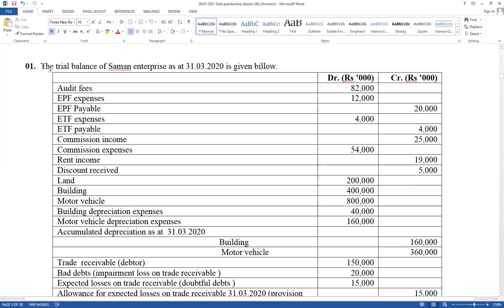Right, first, see the trial balance given here. On the debit side are expenses and assets. Liabilities, income, and equity are on the credit side.